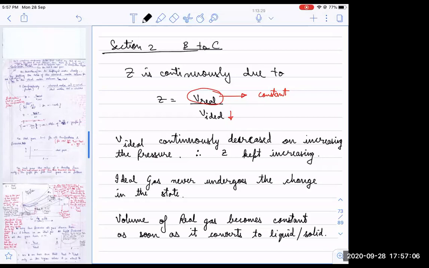Nikhil, understood? Understood, sir. Okay, okay. So should we move ahead? Written? No, sir. Yes, sir. Okay. Please write down.